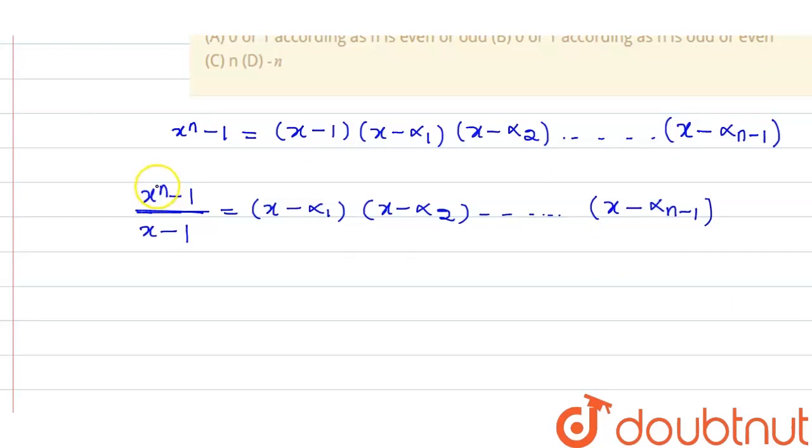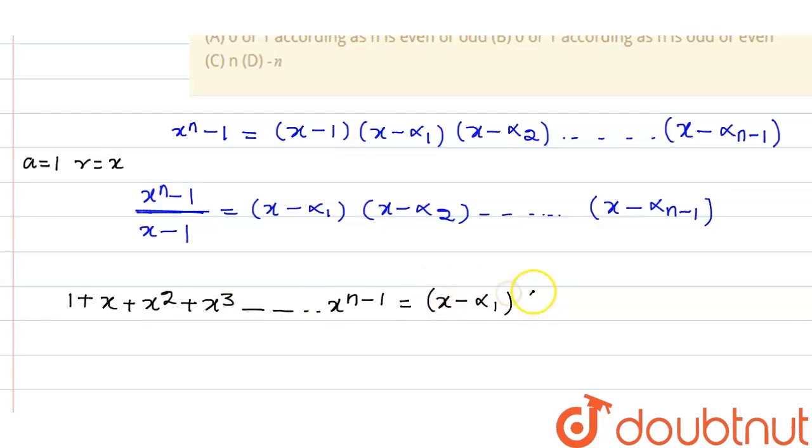Now if you observe, the left side is a GP with first term 1 and common ratio x. So it is 1 plus x plus x square plus x cube up to x to the power n minus 1, equal to (x minus alpha 1)(x minus alpha 2) up to (x minus alpha n minus 1).